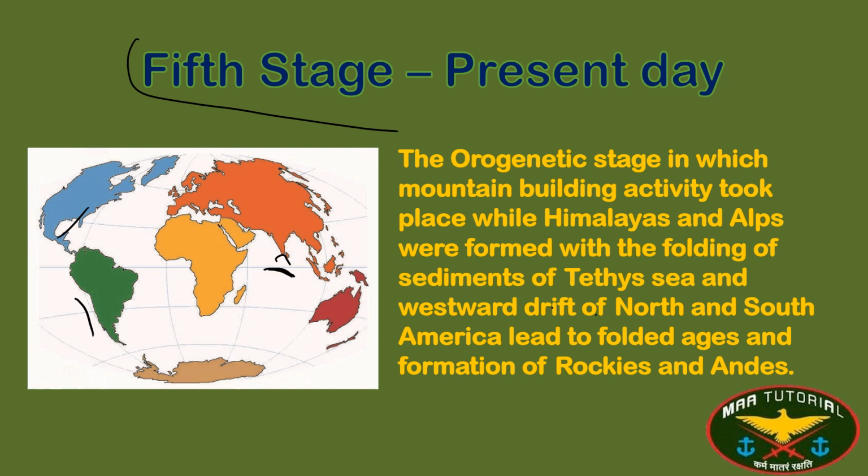Here was the Tethys Sea. The Indian plate came to Laurasia and merged with the Laurasian plate, and the formation of the Himalayas begins here. So the Tethys Sea and the westward drift of North and South America led to the folded edges of the formation of the Rockies and Andes, mountains of North America and South America.